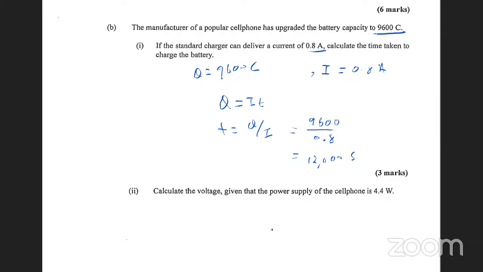And then calculate voltage. Voltage is what? IR, but they give it power, so you have to use P is equal to IV. Okay? So voltage is equal to power over current. Power is equal to 4.4.